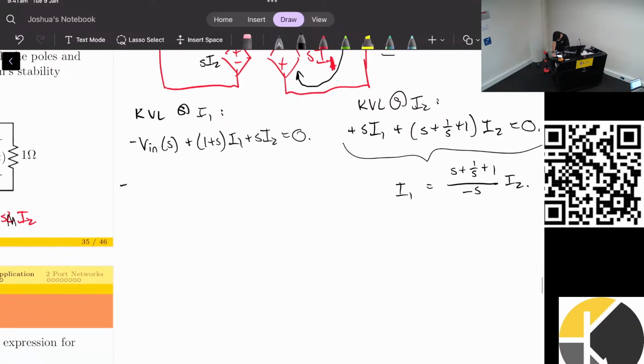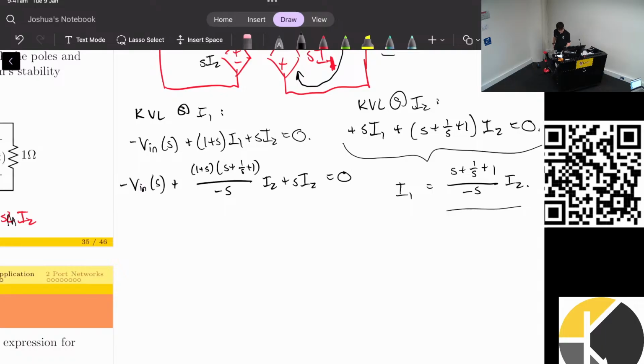So that will be minus V in plus 1 plus S and then I'm timesing it by this entire thing now. So S plus 1 on S plus 1 all over minus S I2 plus S I2 equals 0.